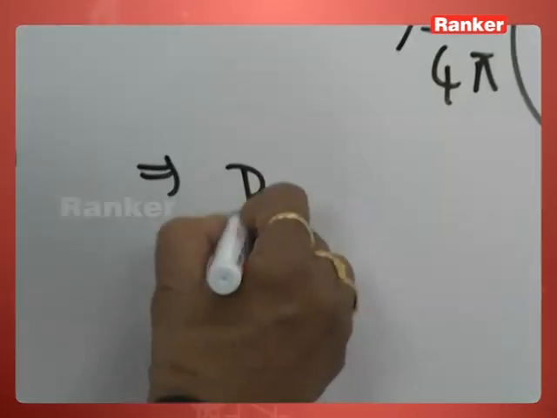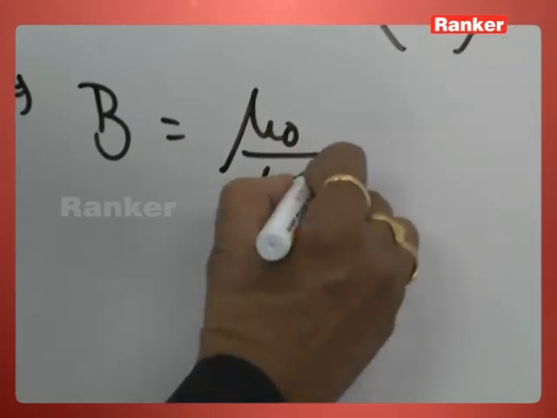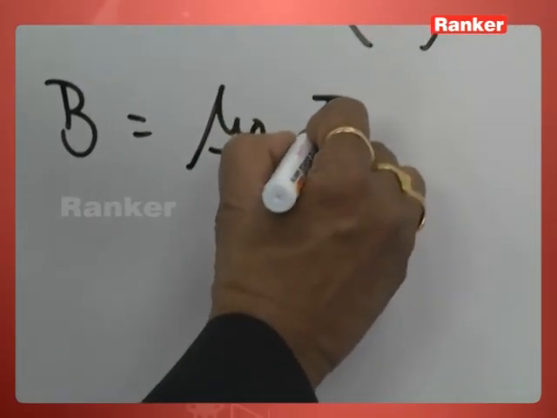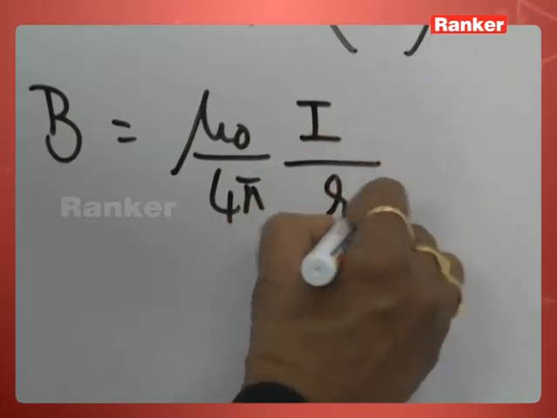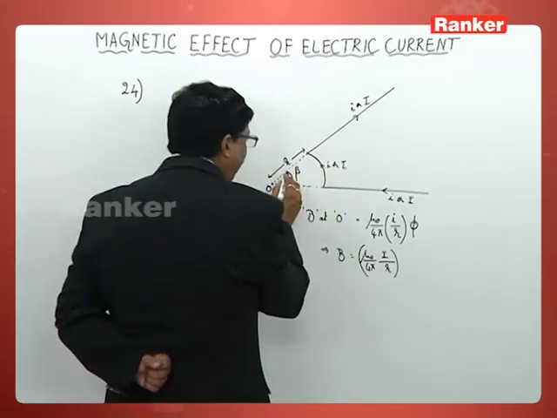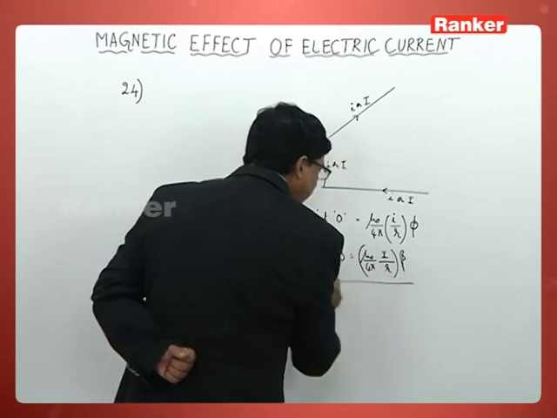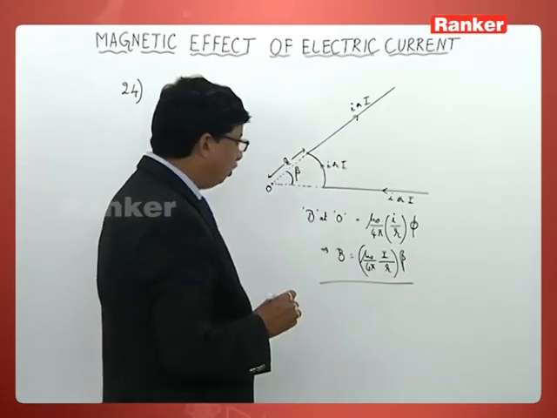Now what will its value be? This implies B is equal to mu naught by 4 pi, I, of course he gave capital letter, by R, into the angle it is making, which he said is beta. So what must be your correct answer now?